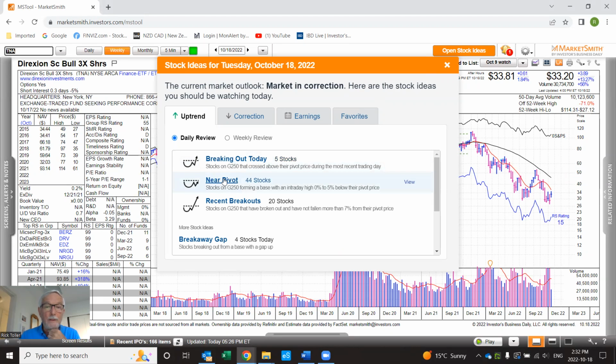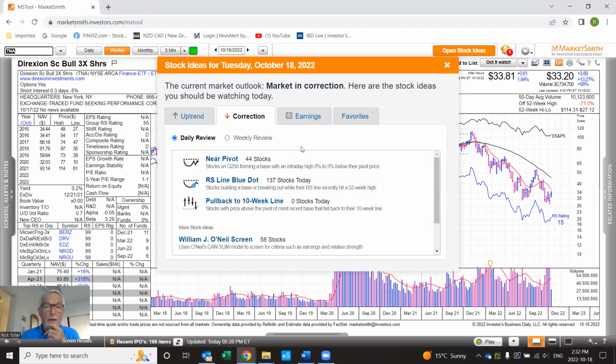Some that are near a pivot, and then recent breakouts. That's for a market in an uptrend. If we're in a market correction, they've got a screen for near a pivot point, what they call a relative strength line blue dot, which basically just means a stock that has achieved a new relative strength high, and so on and so forth. So they have a lot of canned screens that are very, very useful.